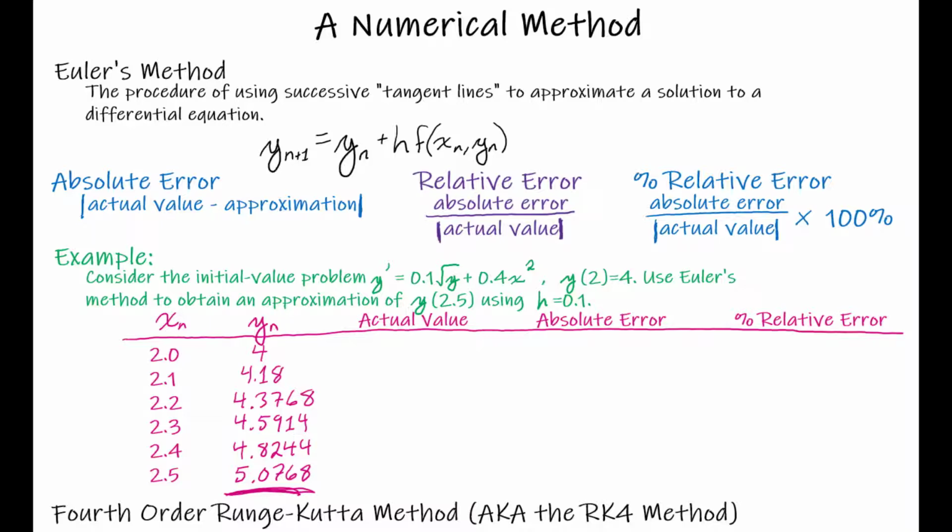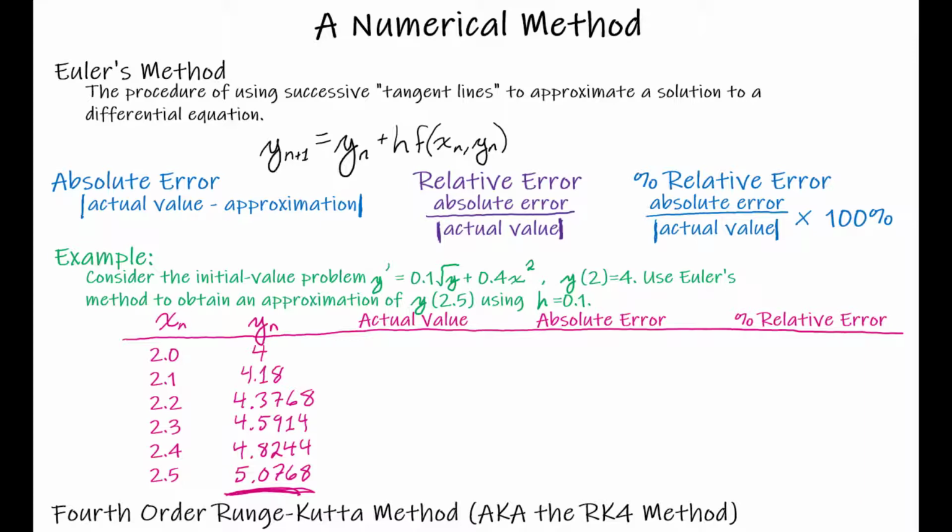If we did have a way of solving this analytically, then we would plug in our x values to find our y values, to have a list of actual values. Then we would take the absolute value of the difference between the actual values and the y sub n values that we obtained using Euler's method, and that would give us our absolute error.